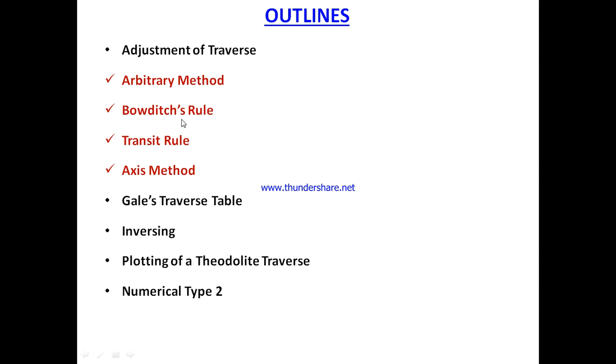After going through all these methods, we will learn how to represent the values of latitude and departure, as well as the correction in the particular traverse lines in terms of linear measurement and angular measurement, and then how to represent all those values in the form of a table.